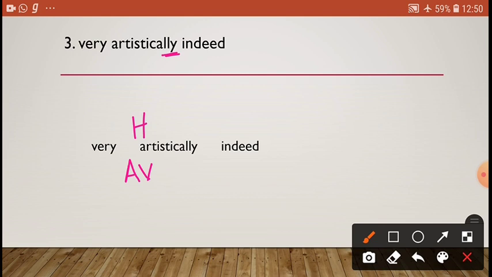Now identify the form labels of the rest of the words. Very is again an adverb. So, put adverb here. Indeed is also an adverb. So, very functions as modifier and indeed also functions as modifier.